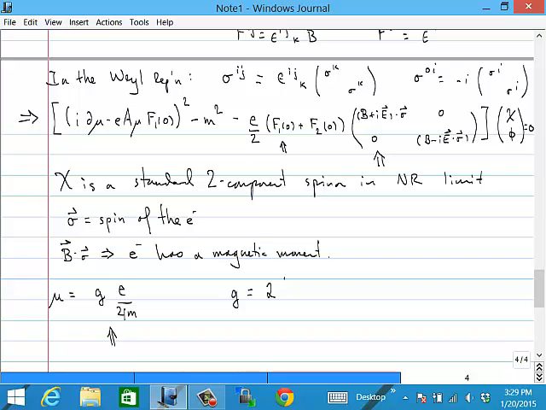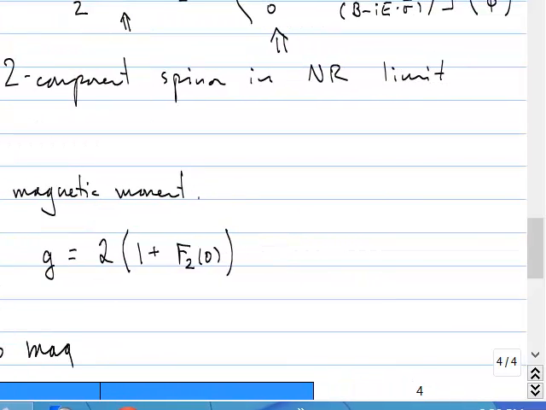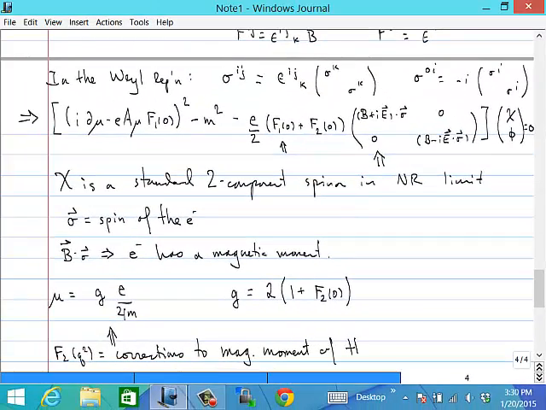And you see that once you include quantum corrections, you get a correction proportional to F2 of 0. So F2 describes the corrections to the magnetic moment of the electron.